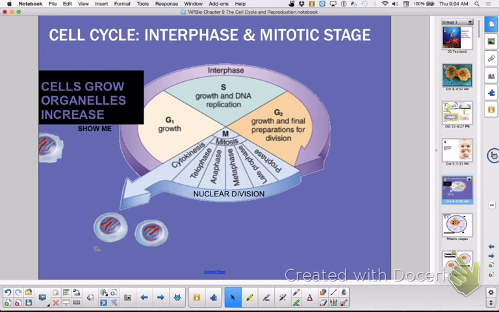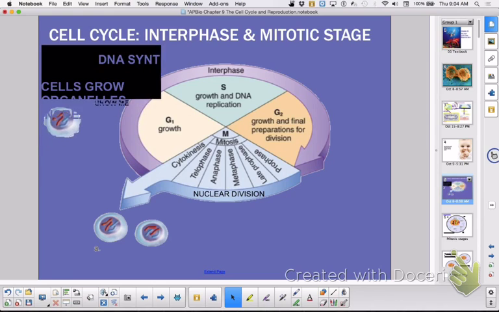So if you were one cell and now you're two cells, you're going to be what? Smaller. So the cell is going to need to what? Grow. And you're going to need to make more organelles. Can you tell me what organelles are self-replicating? Mitochondria and chloroplasts. We don't have those, but yes, mitochondria and chloroplasts. So the cell is going to increase in size.